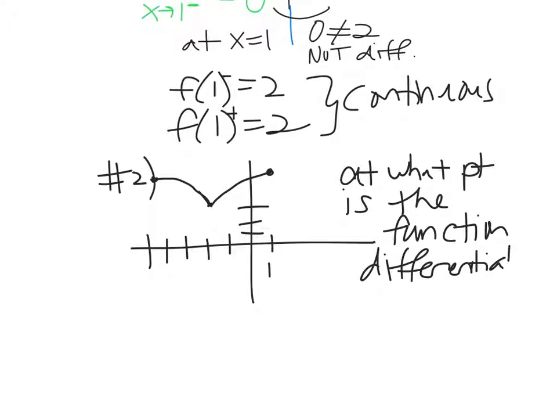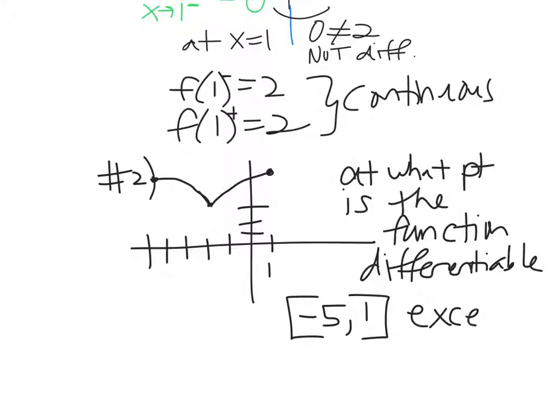Now, what they want you to say is they want you to give intervals of x. So they want you to say it's differentiable from -5 to +1, except where? At x equals -2.